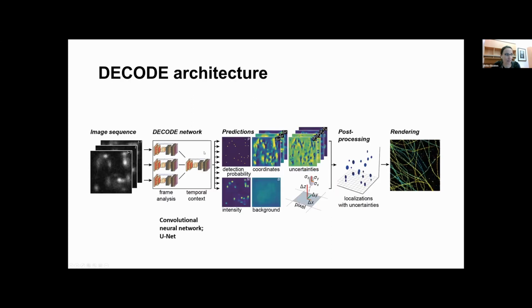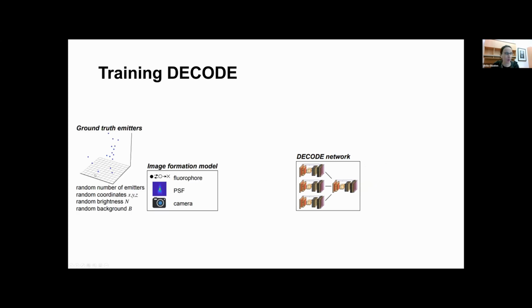And in order to run through this, you first of course have to design this DECODE network to be able to do the entire flow. How is this network designed? This network is based on simulated data, and this simulated data takes into account the fluorophore, the point spread function which your system has, and the camera which you're using.